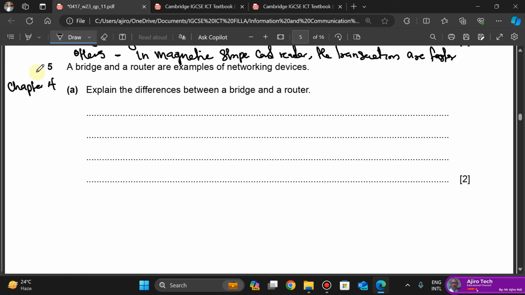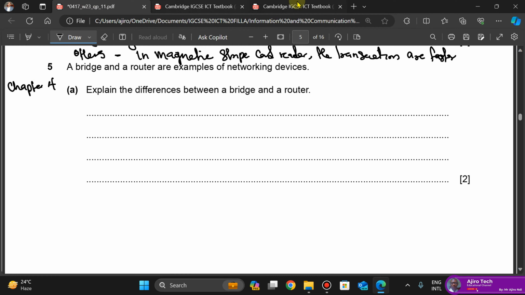What the bridge does is to combine multiple LANs and make them one local area network, while what the router does is to send that local area network to an external network where you have your internet.